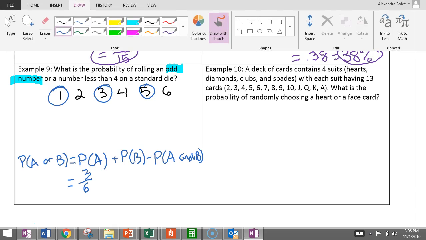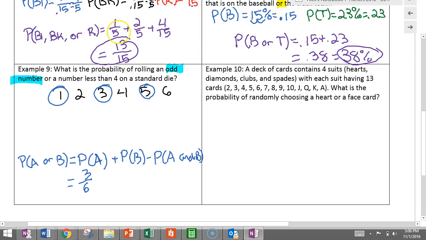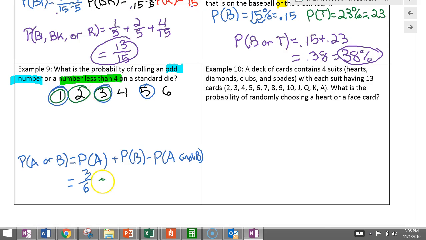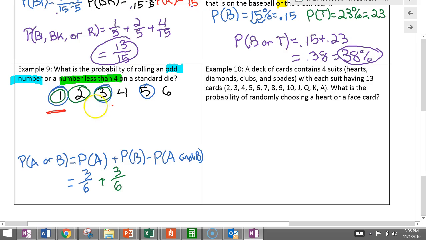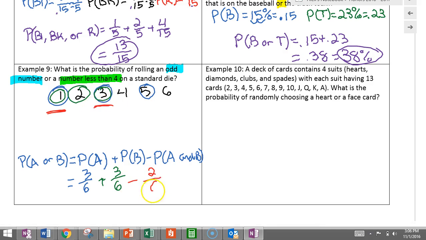The probability of a number less than 4: all my numbers less than 4 are 1, 2, and 3, so that's 3 out of 6. The numbers where they are the same, 1 and 3, make 2 out of 6.